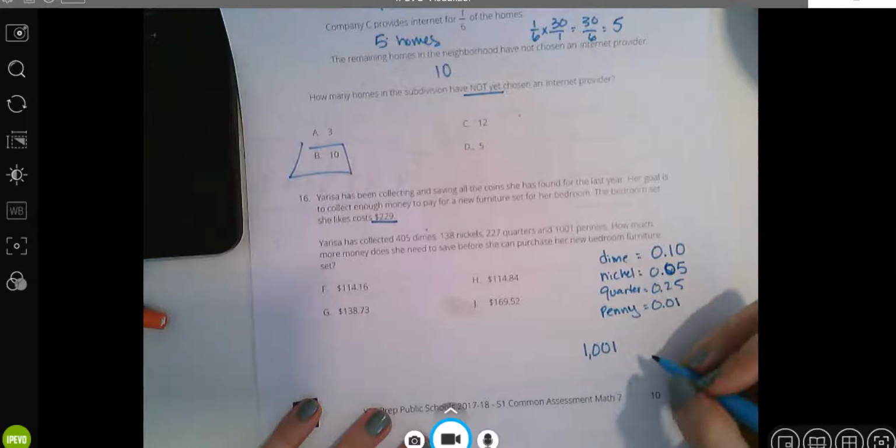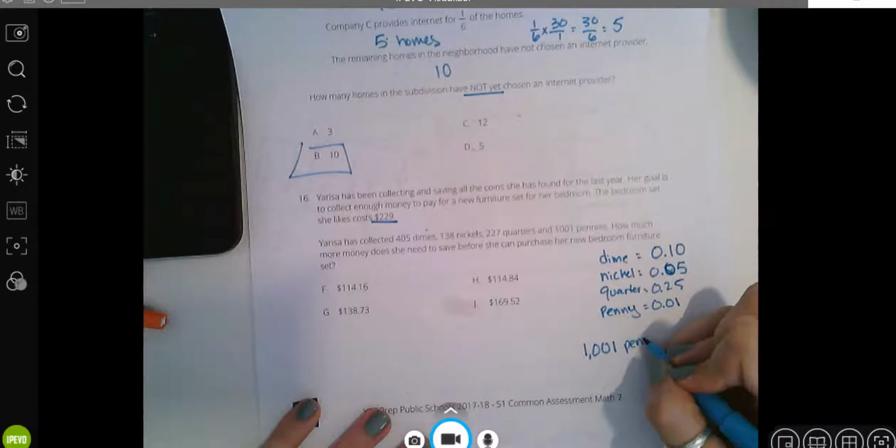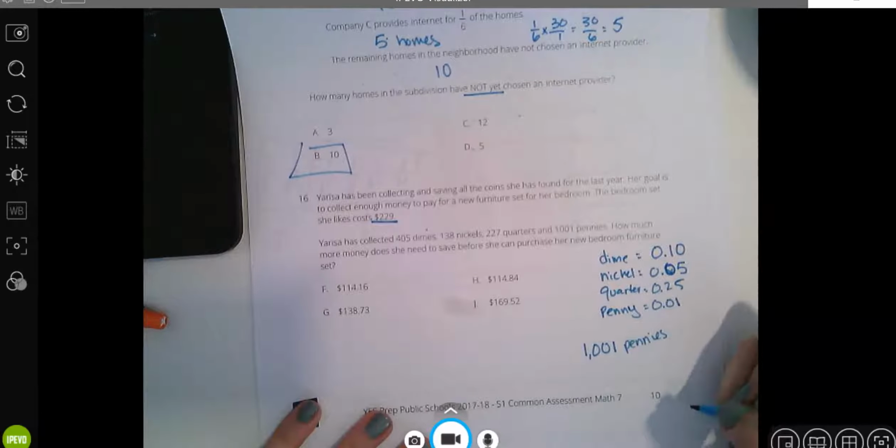1,001 pennies. Well, I know that it takes 100 pennies to make a dollar. So let's start by dividing by 100. And let's see where we get. 1, and nothing, and decimal point, and nothing, and another 0.